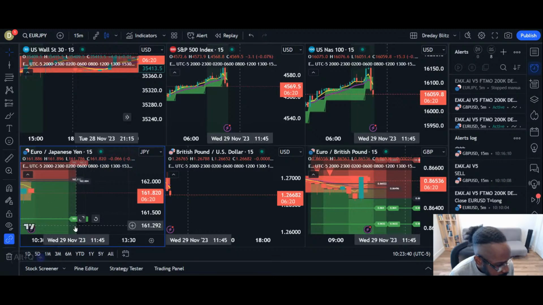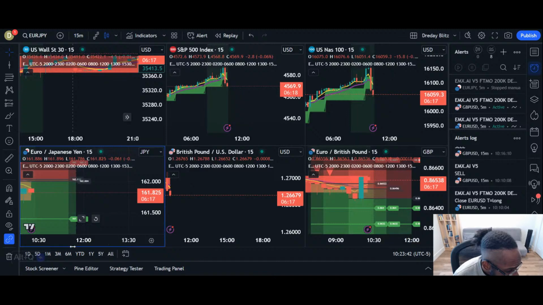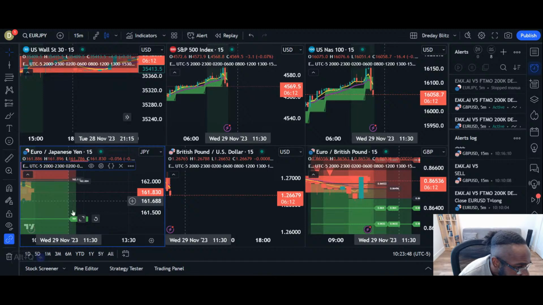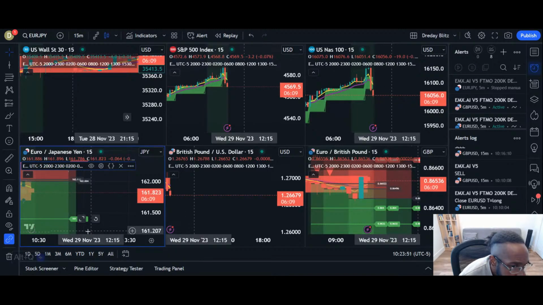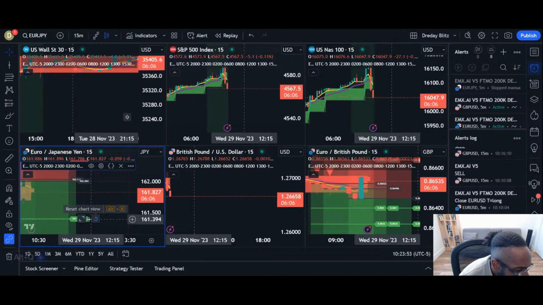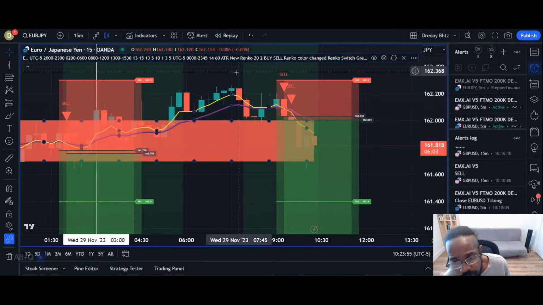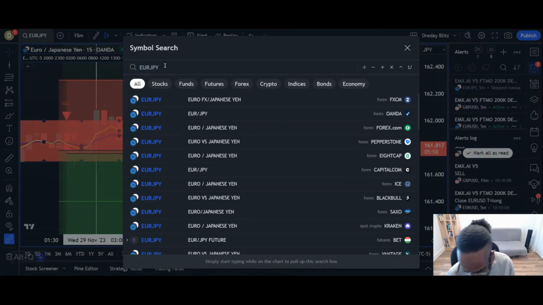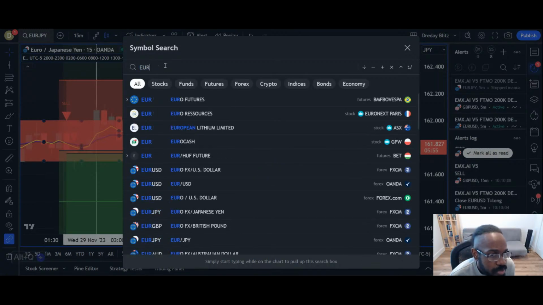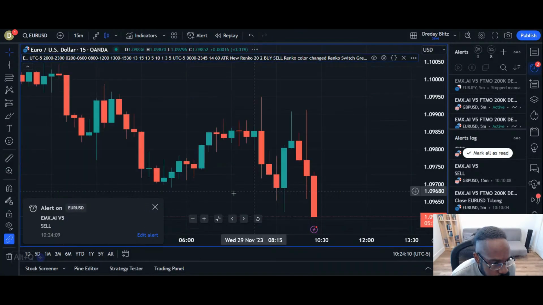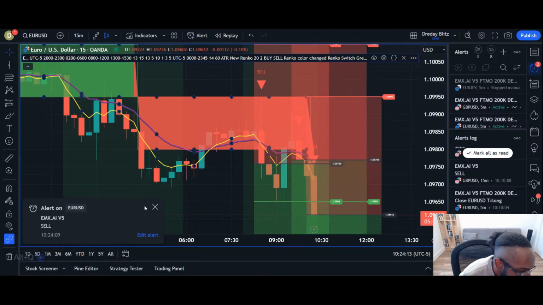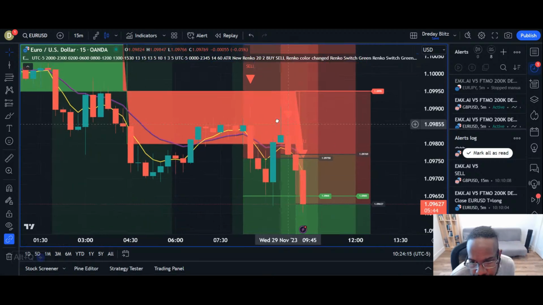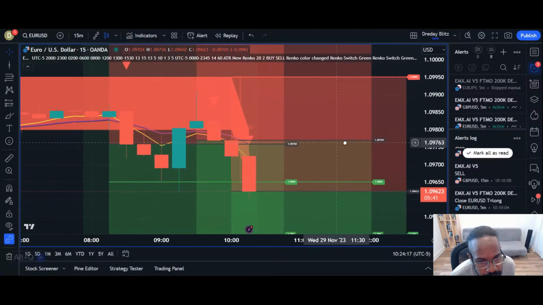I'm just gonna switch my screen here, because right now I have it on something else. Ah, here you go. So Euro USD selling right now.